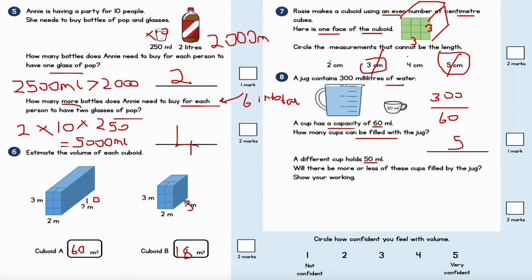Will there be more or less of these cups filled by a jug? Well, 300 divided by 50, I get the answer of 6. So there'll be more cups filled, because obviously 6 is greater than 5. So the answer will be more cups filled by the jug.